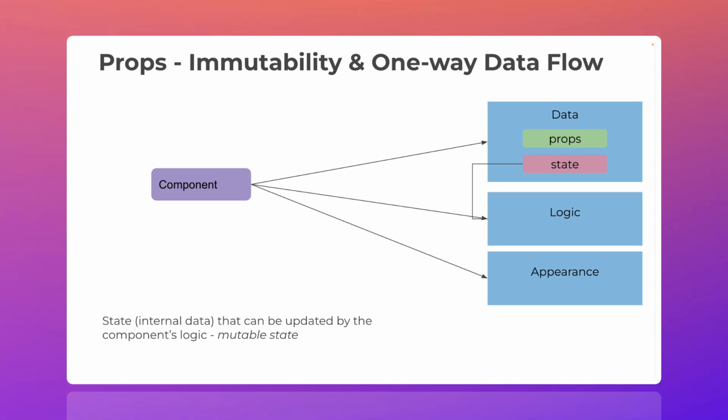So why is immutability when it comes to props very important? Well, there are a few reasons. Number one is that if we make props immutable, we simplify complex features. Imagine that we have an application that allows users to undo and redo a certain functionality. That means there are a lot of complex changes in the state that have to be accounted for.